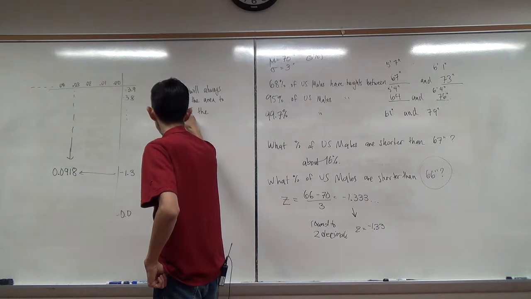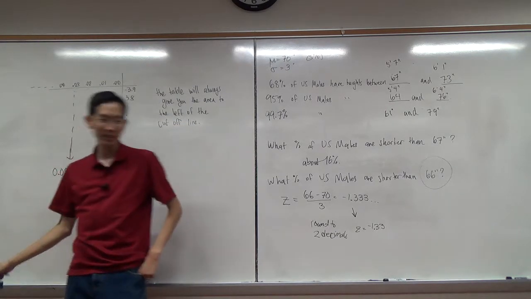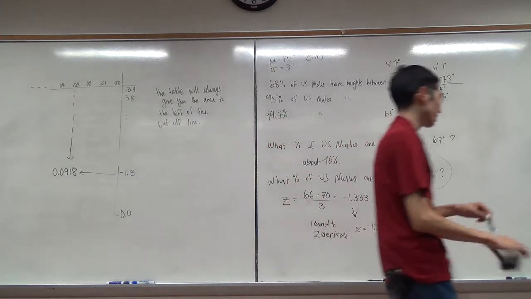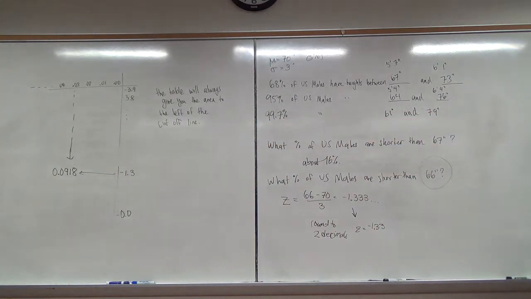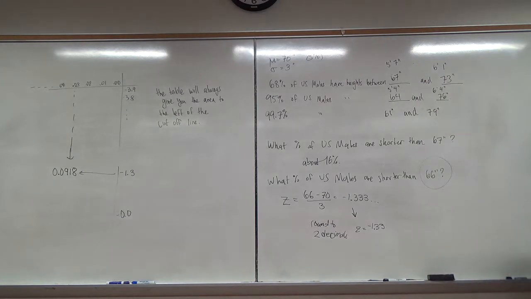Well, at least our table does. You might take another statistics course. This is probably the most standard or usual way of using a table, but some textbooks make their tables differently.